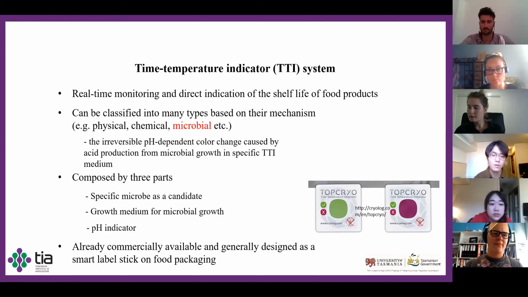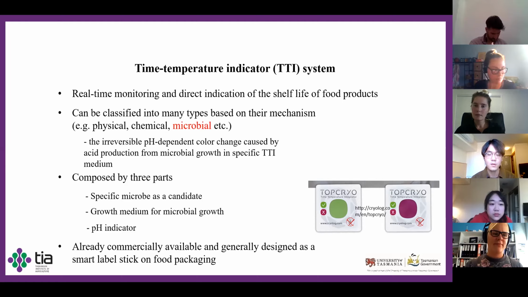The mechanism is that the microbial candidate grows in the growth medium and produces byproducts to acidify the medium, and the pH indicator causes a color change of the medium because of the pH reduction. If a significant color change of this TTI is observed at the end of product shelf life, we can consider it a success.